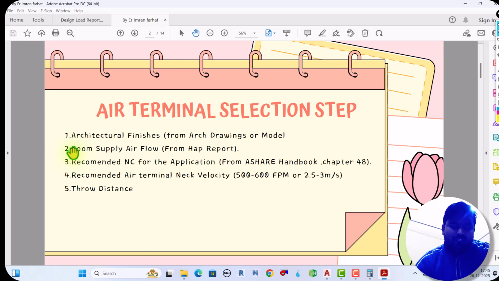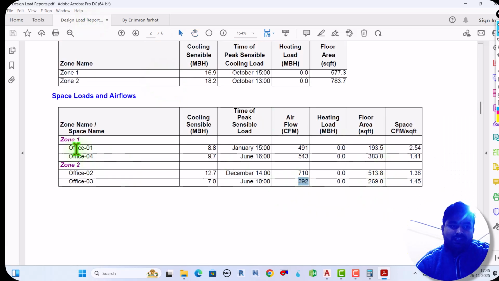Okay, the second one is room supply airflow. So see, the room supply airflow we can take from where? From the HAP report, space load and airflows.